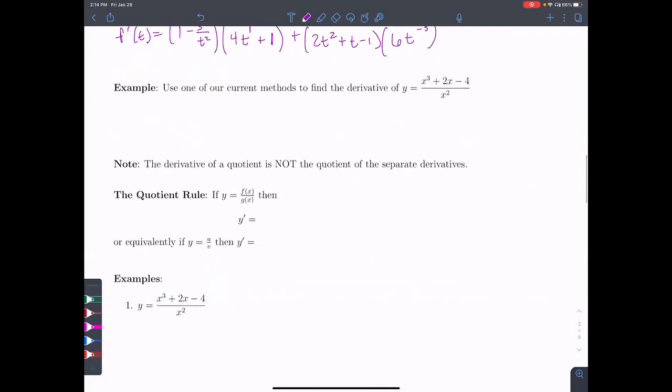Okay, so now we'll move to a quotient. Currently, if I asked you to take the derivative of this, you would simplify first and then try to do the power rule several times.